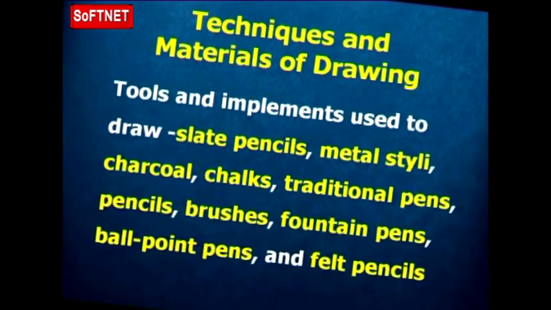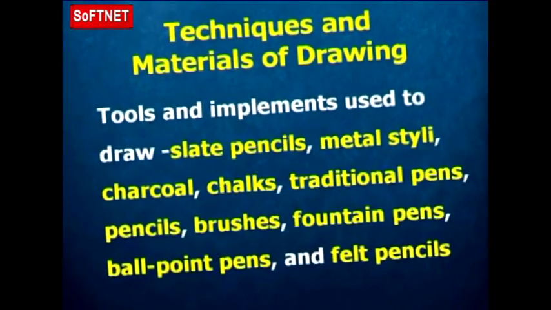For example, Kalamkari artists make their own pens to create their drawings, right. So traditional pens and modern pens, pencils of different kinds, brushes, and felt pens. Felt pen is nothing but what we get in shops, the sketch pens, right. Felt pens or sketch pens.